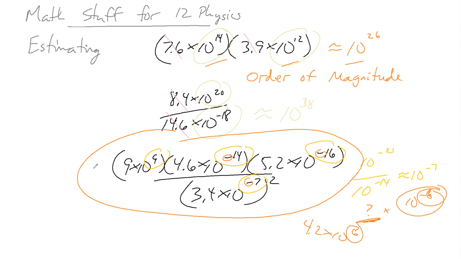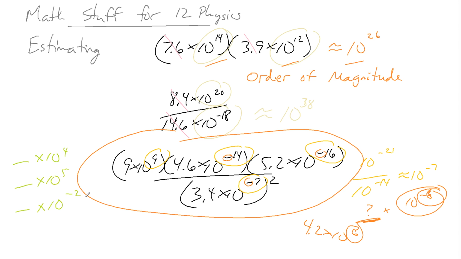The other thing that comes in handy with this type of stuff: if you do this multiple times, like 2 or 3 times for the same question with a very similar calculation, and one of your answers is blah blah blah times 10 to the 4, and you do another one and you got times 10 to the 5, and then you get times 10 to the negative 2.